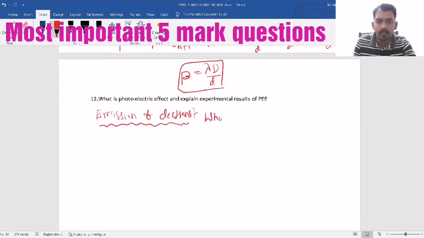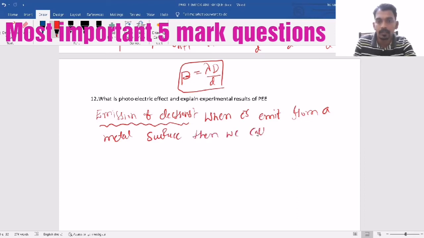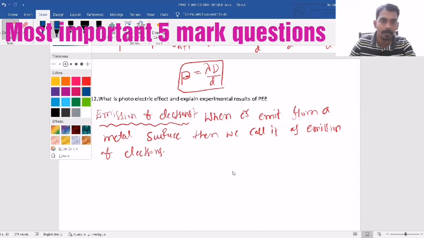See, when electrons emit from a metal surface, then we call it emission of electrons.